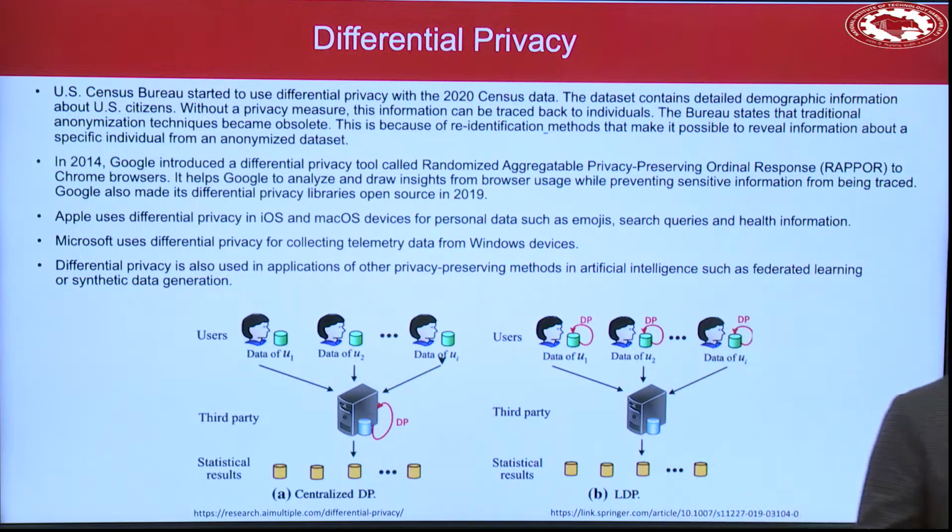Now, the very basic thing when we say privacy of data, people might think of anonymizing. I have a record of student ID, name, subject, program, whatever.